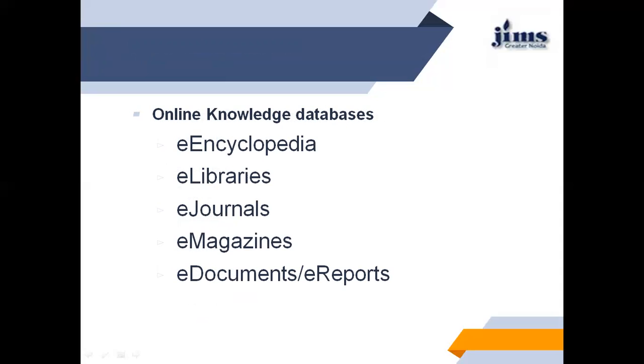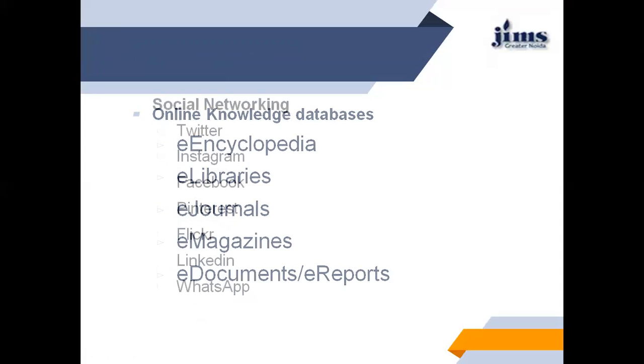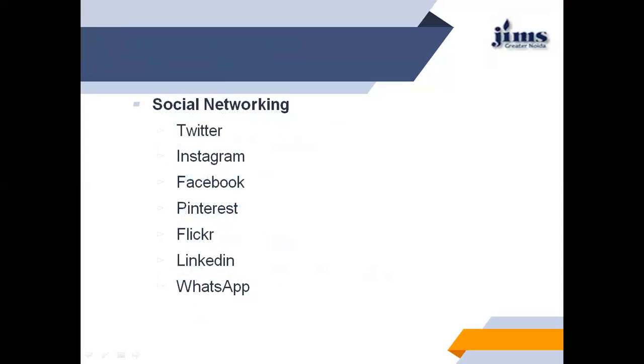And in the case of online knowledge databases: e-libraries, e-journals, e-magazines, e-encyclopedia, and so on. In social networking, we are using in daily life Twitter, Instagram, Facebook, Flickr, LinkedIn, and so on.